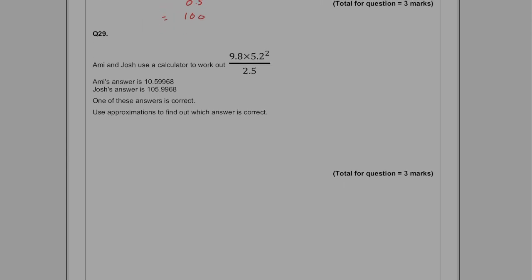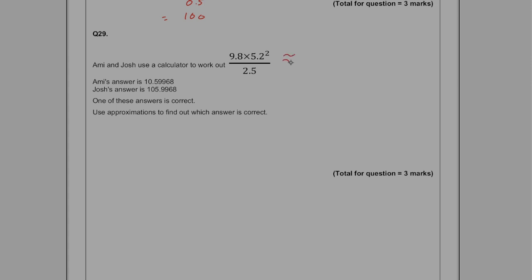Okay, question 29. Amy and Josh use a calculator to work out 9.8 times 5.2 squared, all divided by 2.5. Amy's answer is 10.599 and so on. Josh's answer is 105.99 and so on. One of these answers is correct. Use approximations to find out which of the answers is correct.